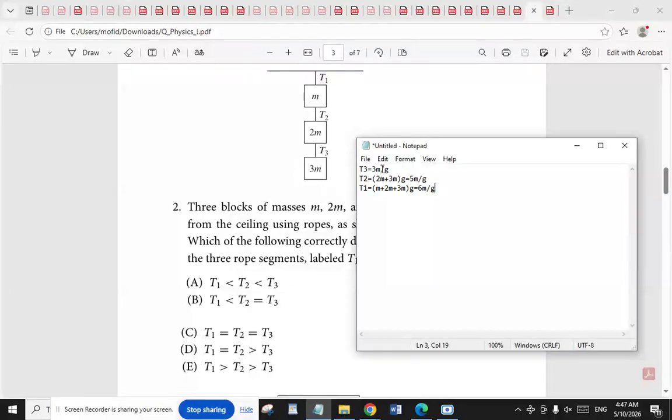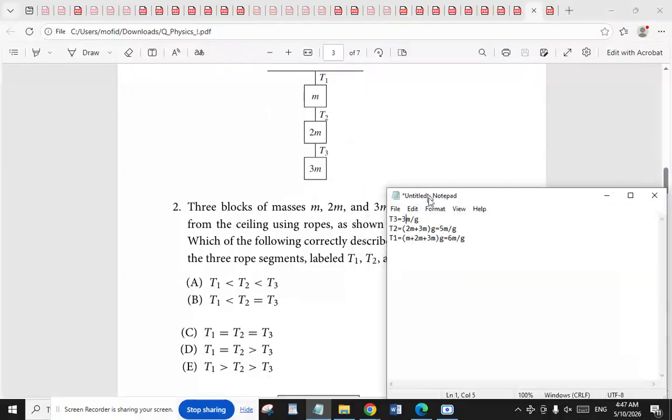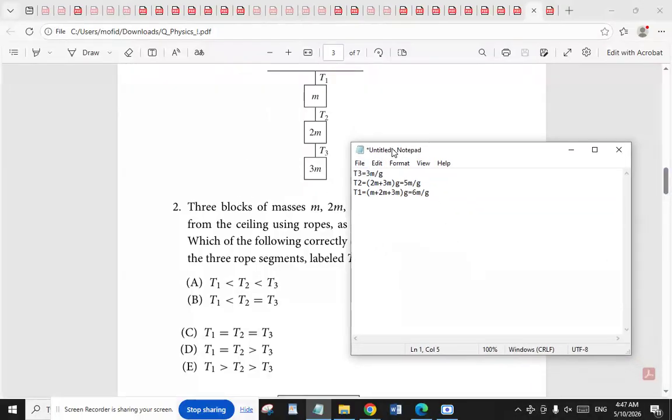For tension in the string, we divide the mass by gravitation. So we see that T1 is carrying the most, and you can use it as your assignment and solve it on your own.